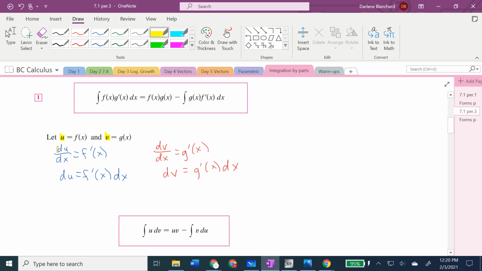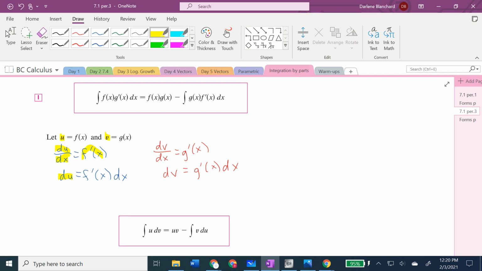If I find du dx, that's the same thing as saying find f prime. But when I isolate the differential du, I can see that if u is an entire function with respect to x, du is an entire derivative function multiplied by the differential dx.